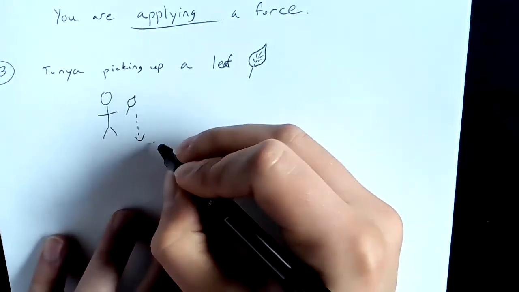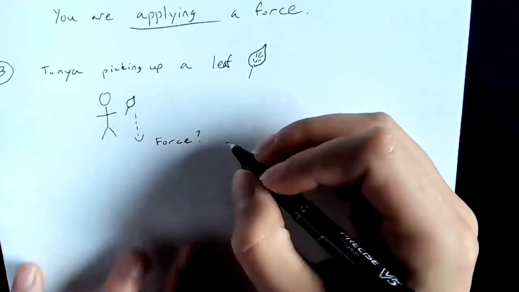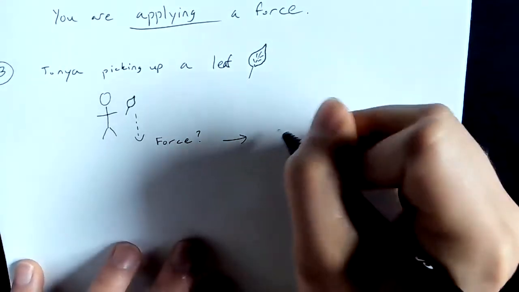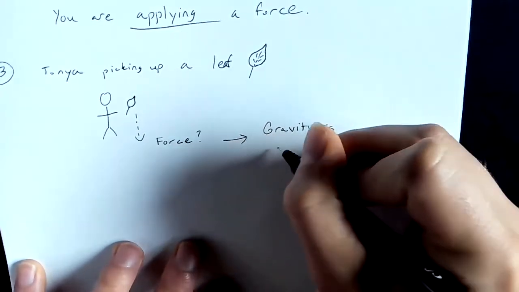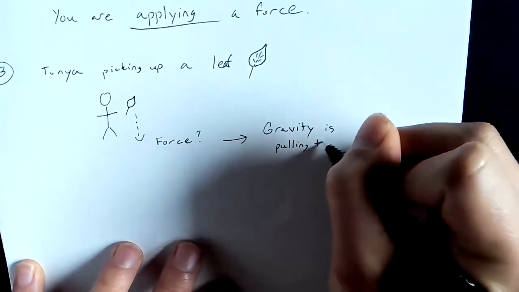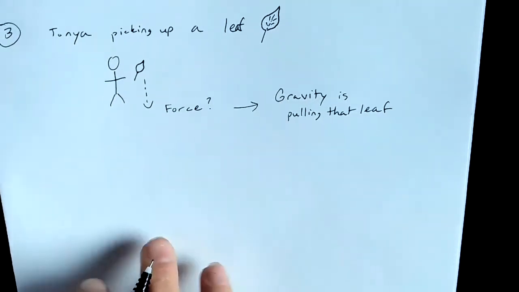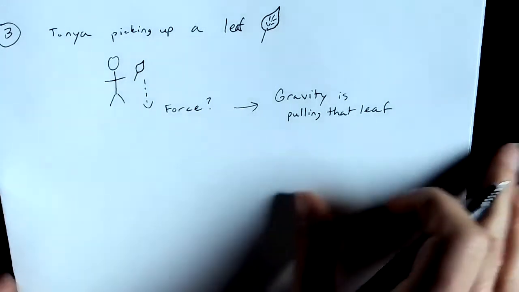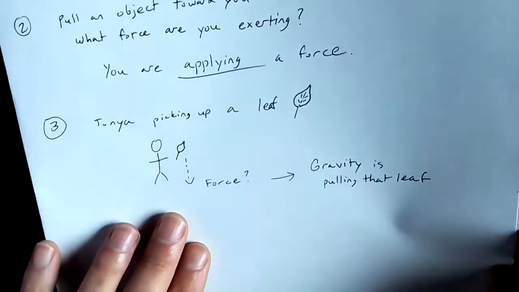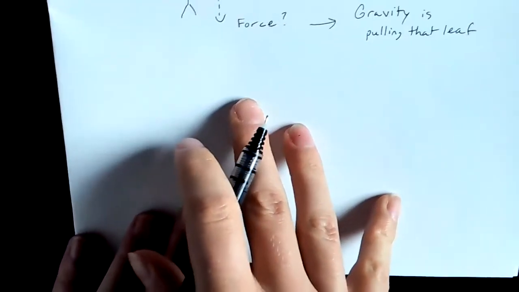So what is this force pulling it to the ground? Well, we know that gravity is pulling that leaf. So that would be the gravitational force, right? Because Tanya's not applying a force, she's just holding it up in the air and then it's falling to the ground.